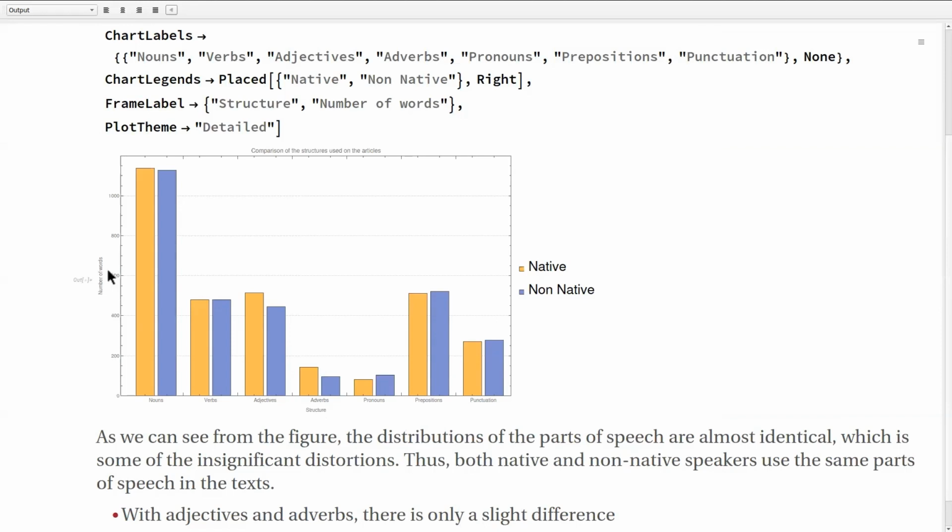So we can see that natives use more adjectives and more adverbs than non-natives, and non-natives use more pronouns and slightly more prepositions, but just a thin difference.